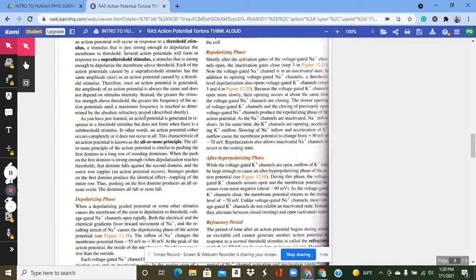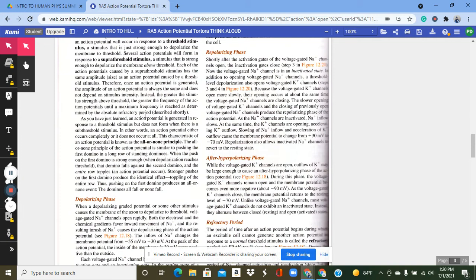It is similar to pushing the first domino in a long row of standing dominoes. When the push on the first domino is strong enough, when the depolarization reaches threshold, the domino falls against the second domino and the entire row topples, and an action potential occurs.